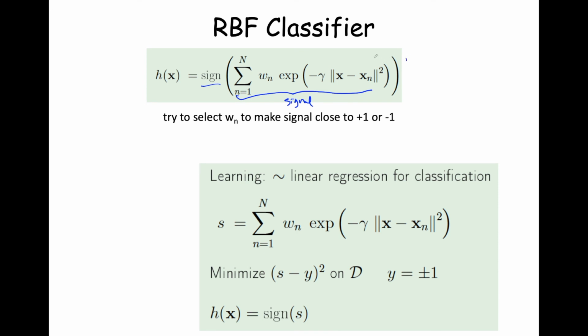And so to solve the radial basis function model as a classifier, we go back to exactly what we did with regression to bootstrap perceptron learning algorithm. And so when we did linear regression for classification, we took our score and then we minimized the square error loss between our score, treating the +1, -1 label as a score. We minimized the squared error loss between our +1, -1 label treated as a real value and the score on our data set.